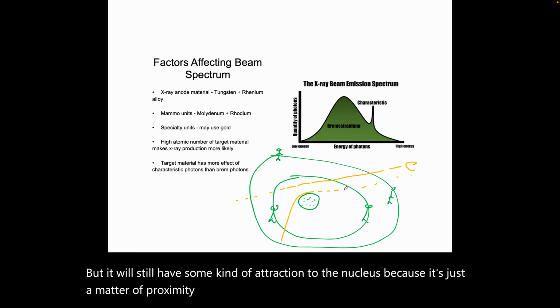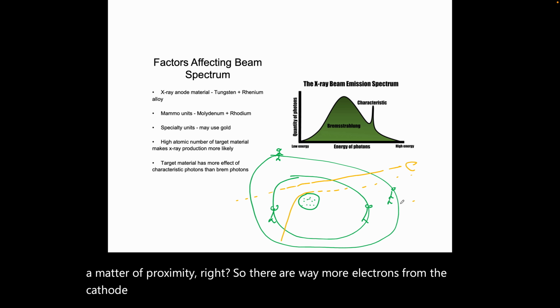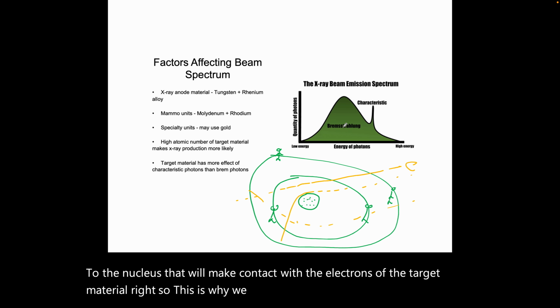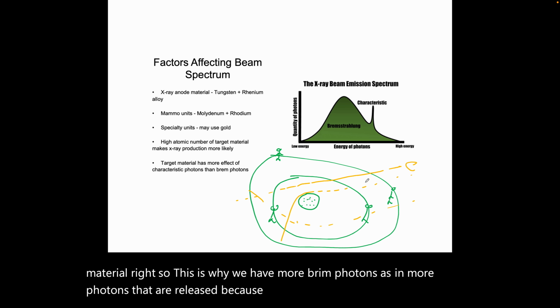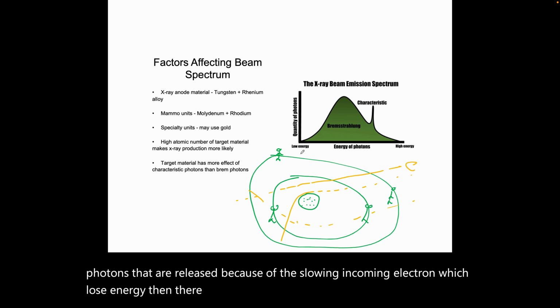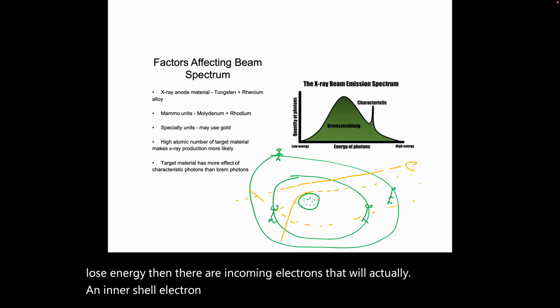So there are way more electrons from the cathode that will be attracted to the nucleus than will make contact with the electrons of the target material. So this is why we have more Brem photons, as in more photons that are released because of the slowing incoming electron, which loses energy, than there are incoming electrons that will actually eject an inner shell electron from the target material.